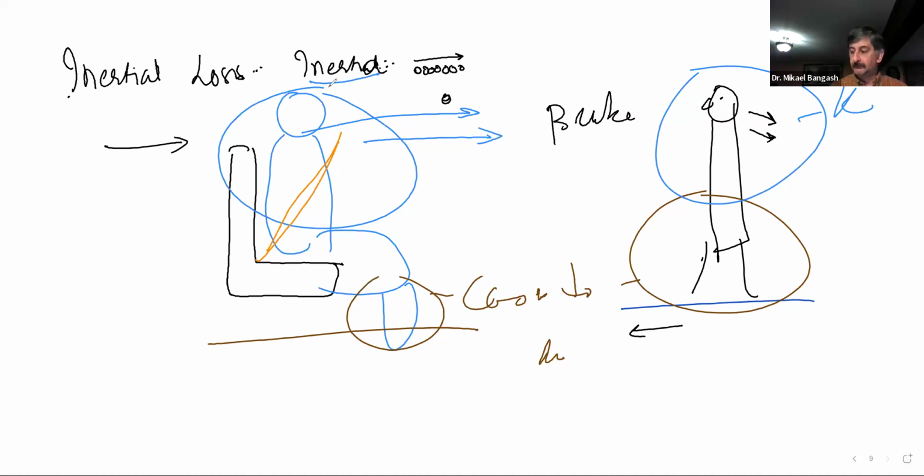Did that make sense? Yes. Right. Now, the main thing that's going to be important here is that there are going to be inertial losses of energy at three stages in the blood vessel.